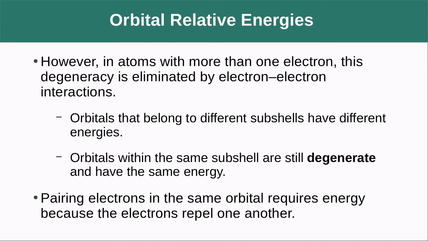Orbitals that belong to different subshells have different energies. Orbitals within the same subshell are still degenerate and have the same energy. Pairing electrons in the same orbital requires energy because the electrons repel one another.